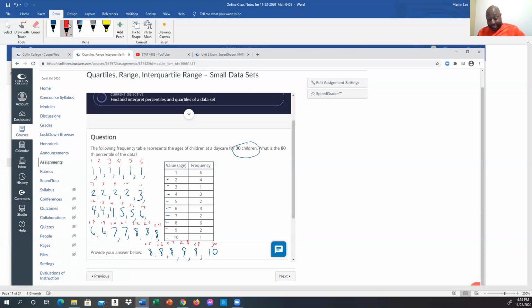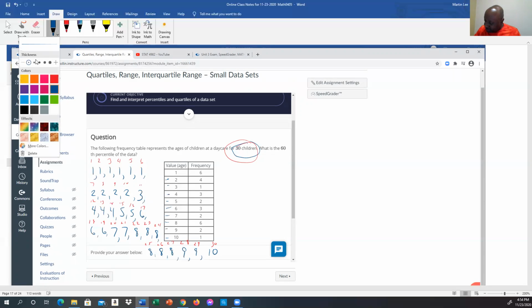So that is all the data that makes up the 30 children. All right, calculate this stuff and then we'll be done.